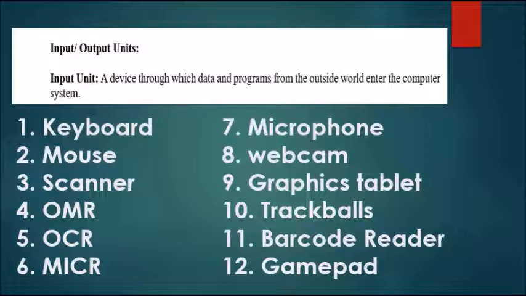7th is microphone. It receives audio generated by some input source and sends the same to a computer. 8th, webcam. Webcam sends the captured images to a computer. Then graphics tablets. This input device is used to draw using hand. Then 10th, trackballs. It is basically an upside down mouse and it is encased within a socket.